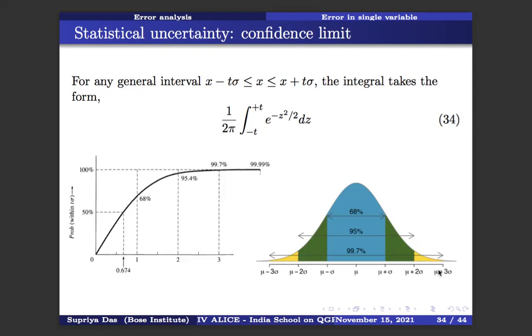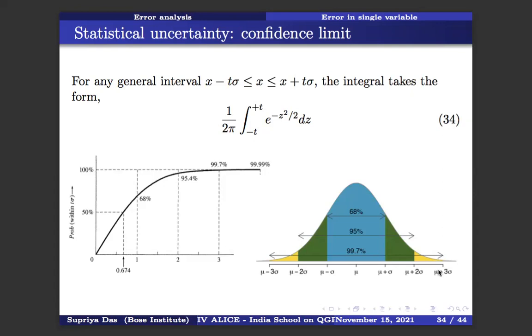A few years back, there was a furor in the community that a boson, something like the Higgs boson, had been seen by CMS. They are quoting the value with 6 sigma.